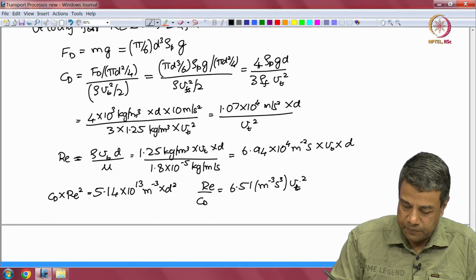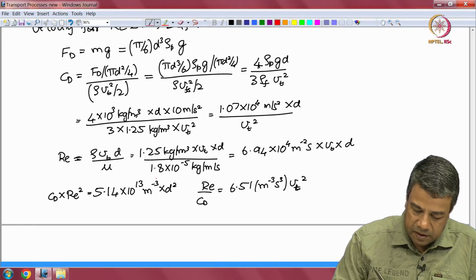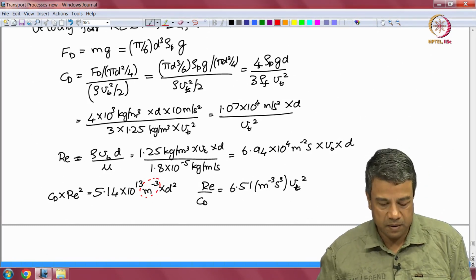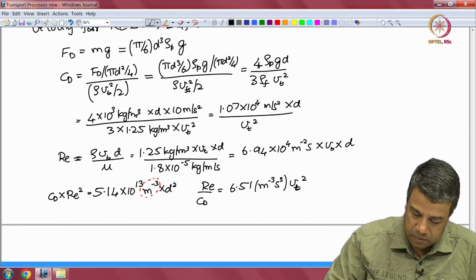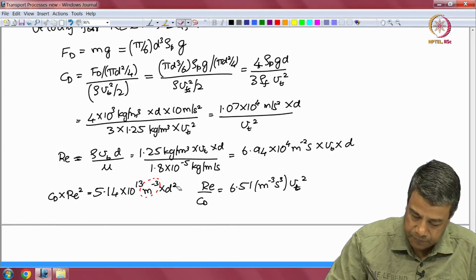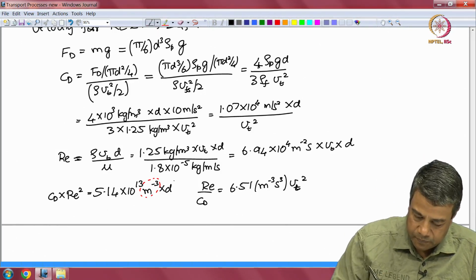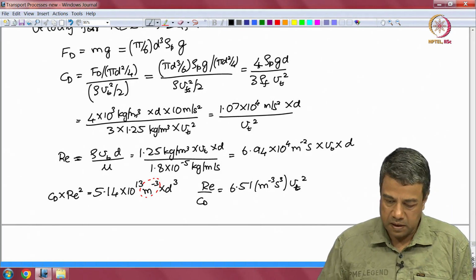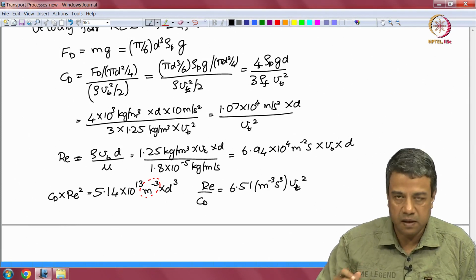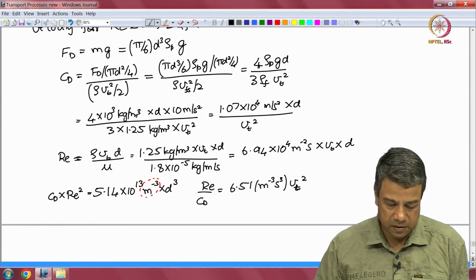Note that these prefactors have dimensions such that the product of these and diameter square, I am sorry, this should be d cubed. Because if I take Cd times Re square, I will get a d from the Cd and a d square from the Re square.